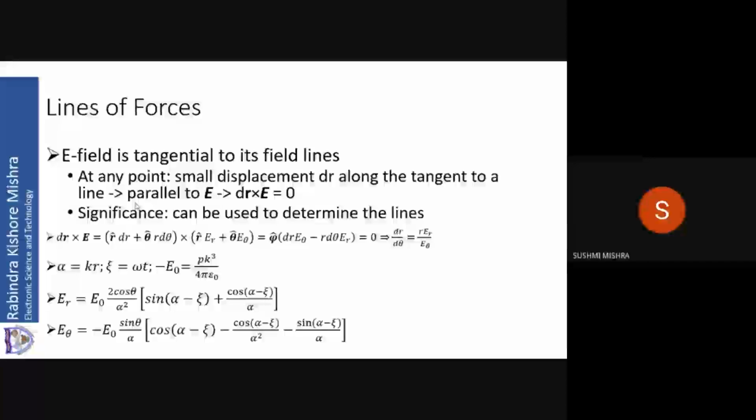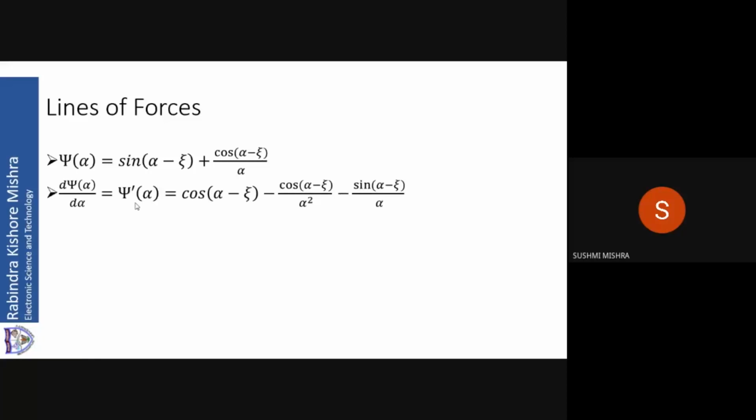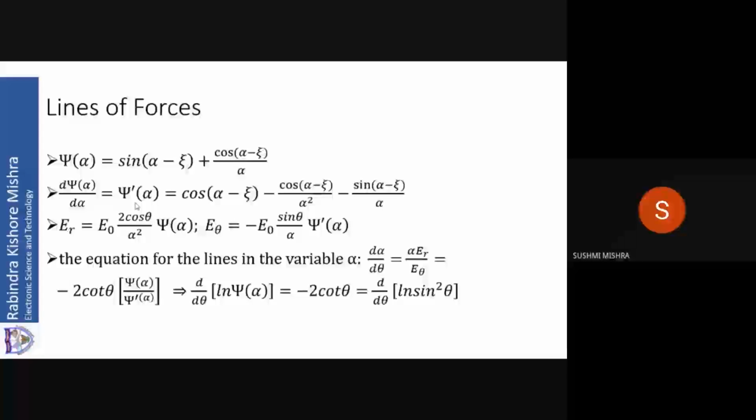With that knowledge, we defined two terms, psi and d psi by d alpha. Both are functions of alpha. Accordingly, Er is equal to E0, 2 cos theta by alpha squared phi alpha. Similarly, E theta is equal to minus E0 sin theta by alpha psi alpha, which is a function of alpha.